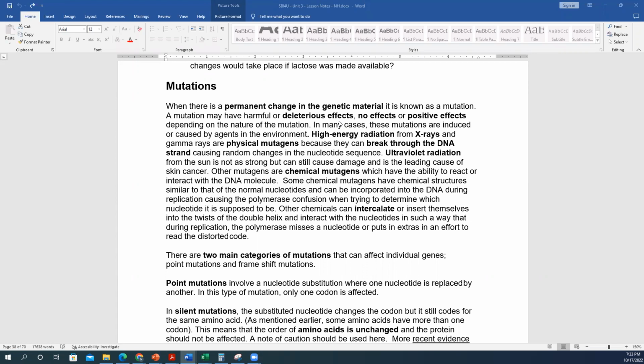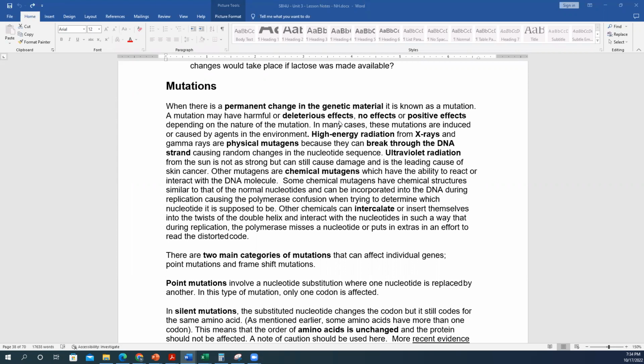In many cases, these mutations are caused by various agents in the environment, such as radiation from X-rays or gamma rays. Those cause quite a lot of damage to DNA. Sometimes there are physical mutagens that can actually break through the DNA strand and cause random changes in the nucleotide sequence.